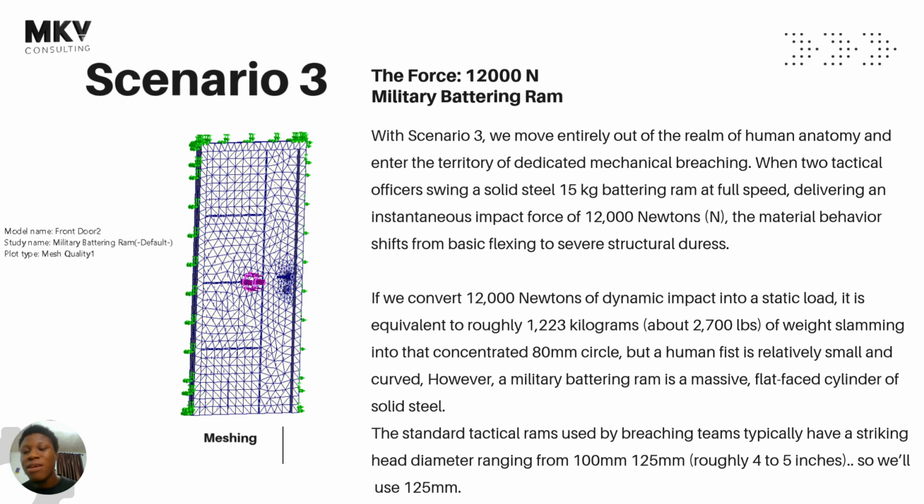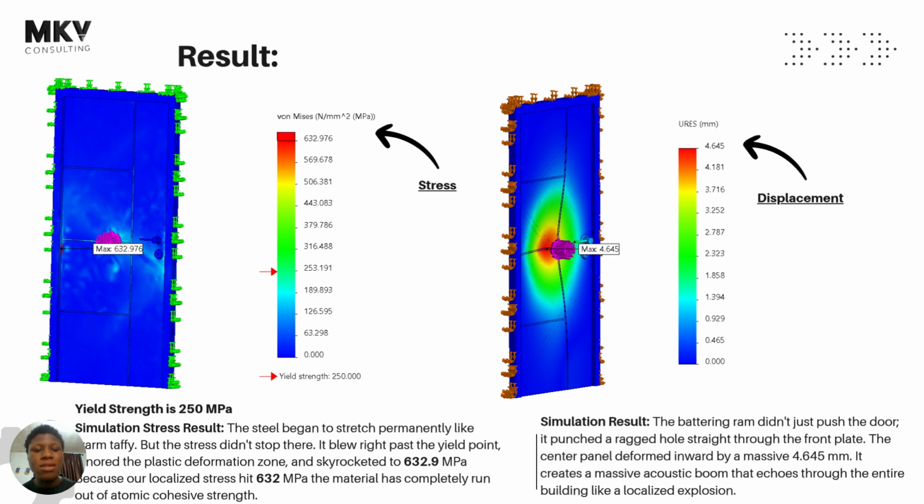Now we are discovering the material's true strength. If you look at the results, you see that the stress is way above the 250 yield strength. The door is basically slammed. Look at the legend there: it has a catastrophic spike, where the door cannot really absorb most of the energy.